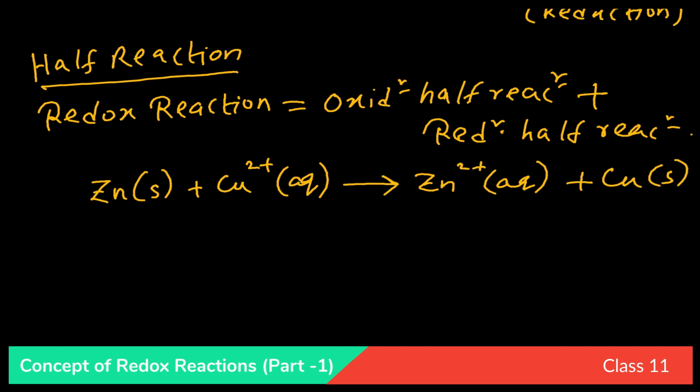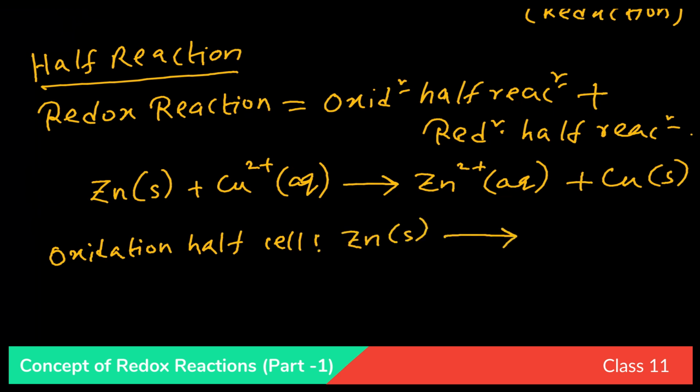So as we have already discussed, Zn from zinc solid to Zn2+, it is oxidation, isn't it? So I can write my oxidation half cell like this. My oxidation half cell will be zinc solid.